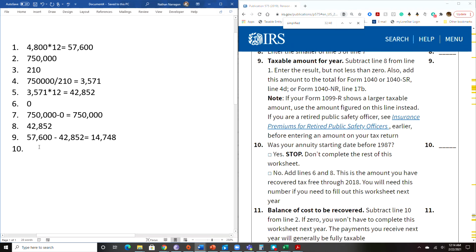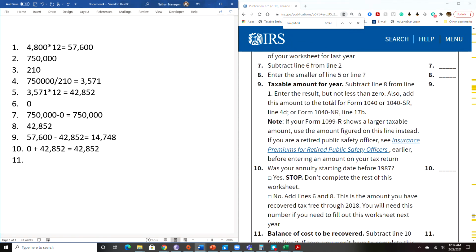Okay, so 0 plus 42,852 equals 42,852. Okay. So we already know the taxable amount for the year is going to be 14,748 after receiving an annuity of 57,600, which again is not too bad.